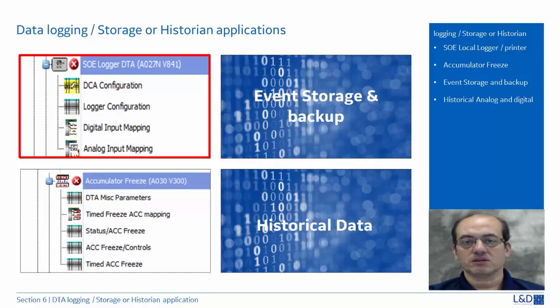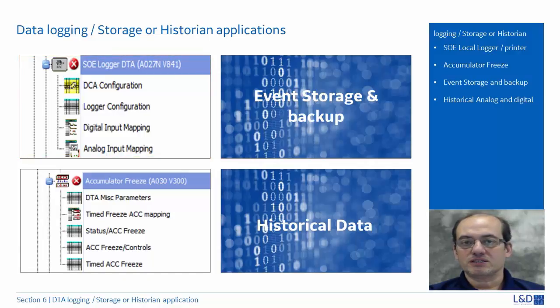The SOE logger would allow you to collect that data and put it in a file that can be uploaded from or downloaded, whichever way you look at it, from the chassis, and then it will also allow you to print that information to a nearby printer if required. So that's the job of an SOE logger.